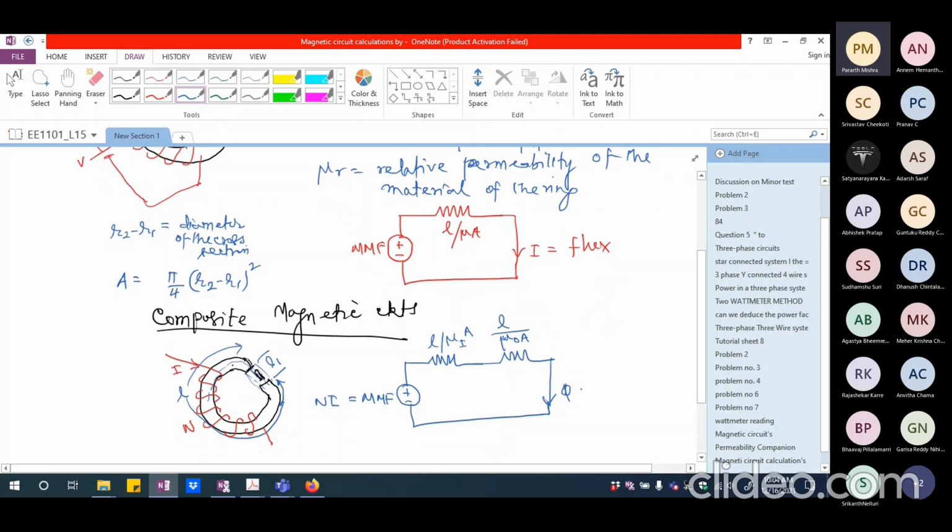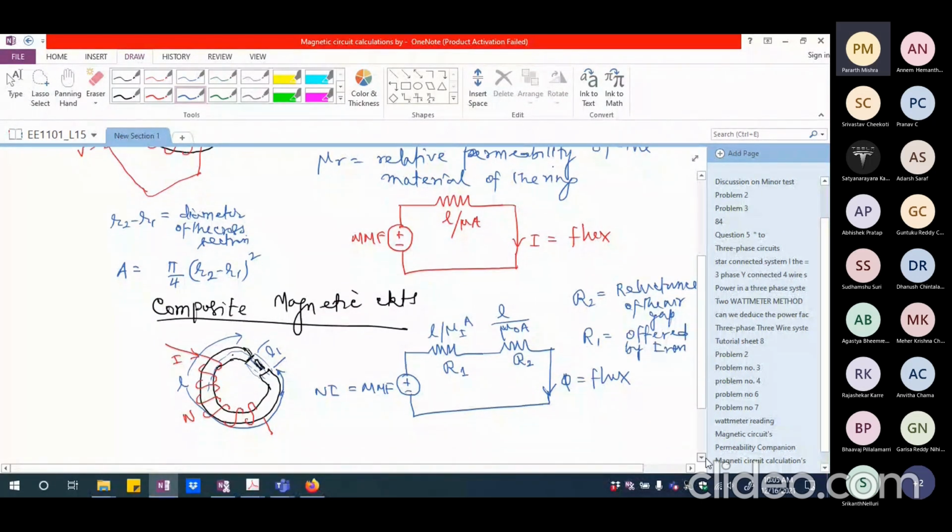So I would say this is essentially calculated as, if I may call this reluctance 1 and this reluctance 2. So reluctance 2 is the reluctance offered by the air gap, whereas reluctance 1 is the reluctance offered by iron.